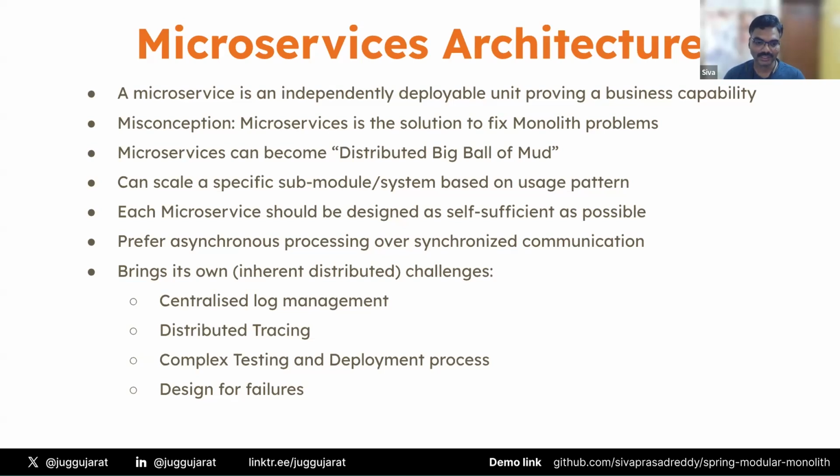When you are splitting your system into microservices, obviously you are bringing all the distributed computing challenges. So you need to design your system with failure in mind. At any point of time, any service can go down, or they may respond in a low-performing way. Or if something goes wrong, can the support team identify where things are going wrong? All these complexities inherently come into the picture when you go with microservices.